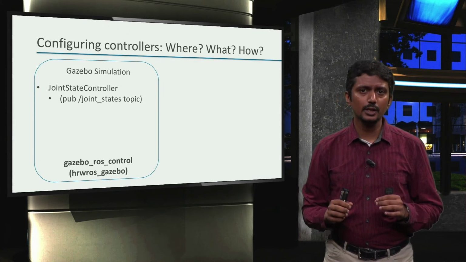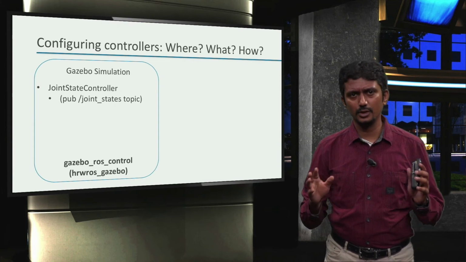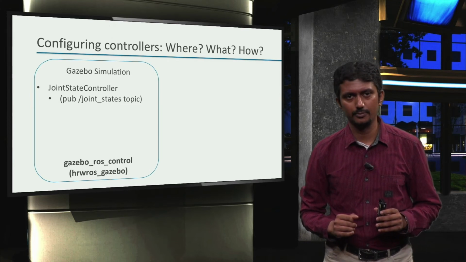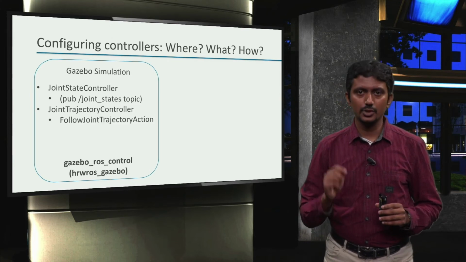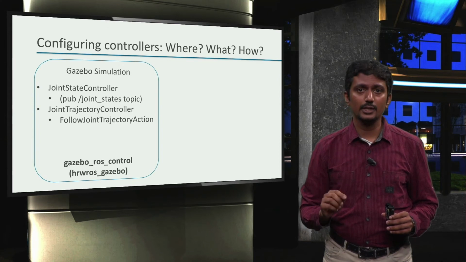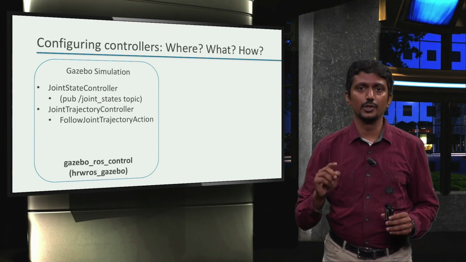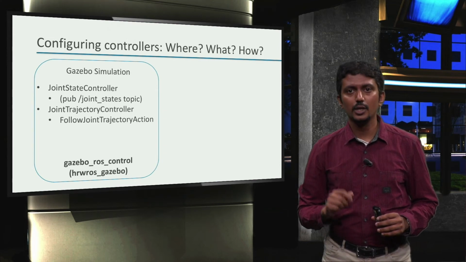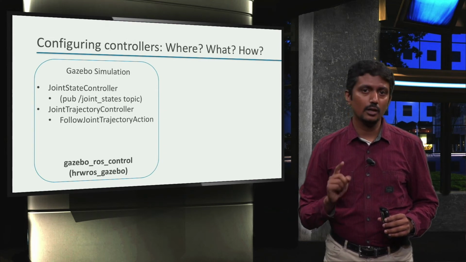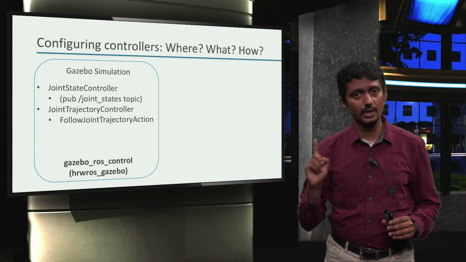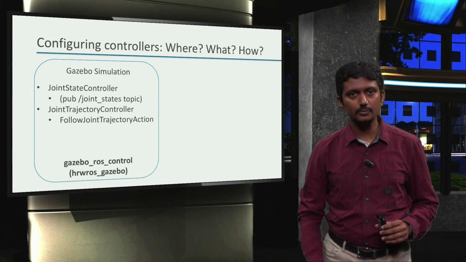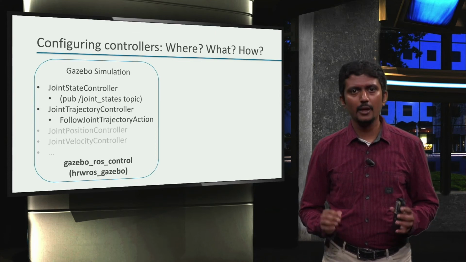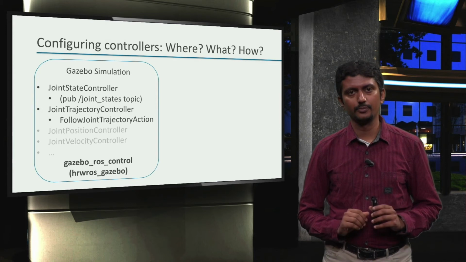In this context, this controller is doing more of the job of a sensor publishing joint values than actually controlling anything. Second, a joint trajectory controller that provides an action server of type FollowJointTrajectory, which MoveIt will communicate with using action clients. Recall again, we studied action servers and action clients in week 1. Other types of controllers can also be configured for a Gazebo simulation, but they are not necessary in this course.